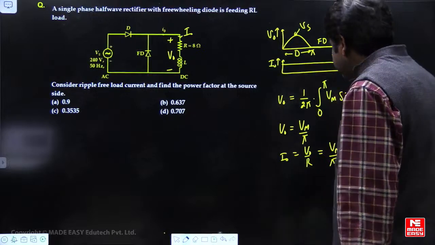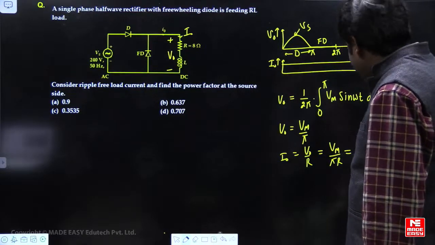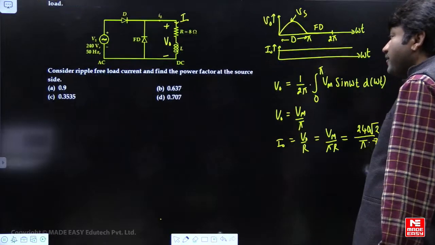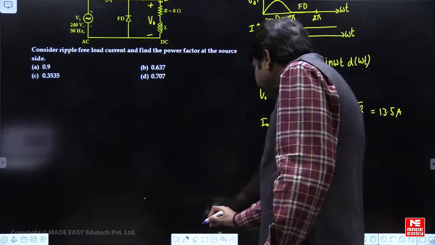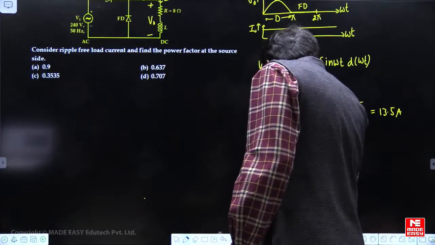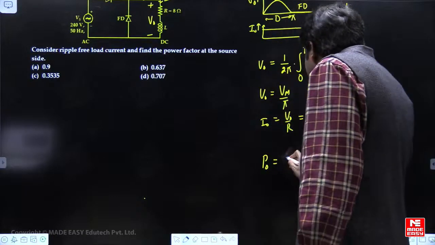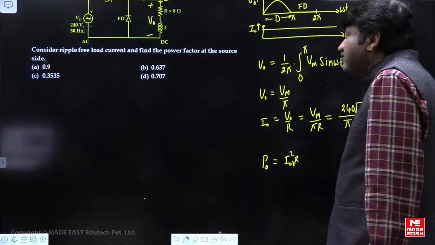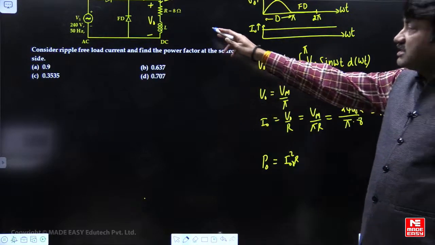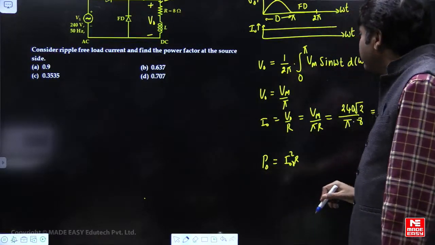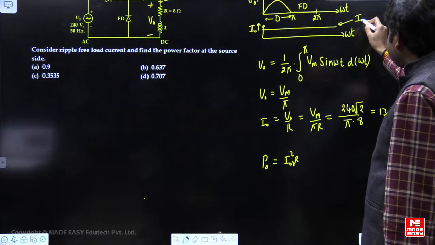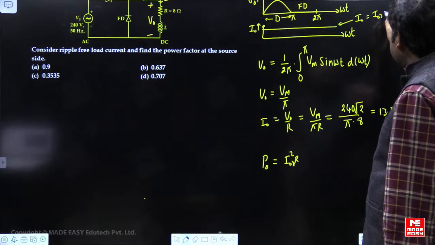Now I want to find out the output power. How do you calculate the output power here? Output power is equal to RMS current whole square into R. Whenever there is power loss in the resistor, consider RMS current. Because it is constant current, average current and RMS current are both equal.